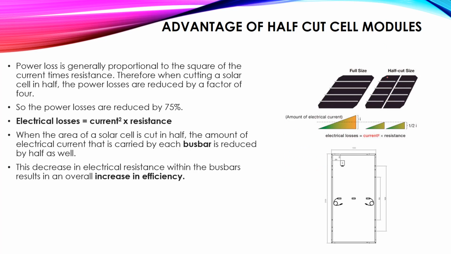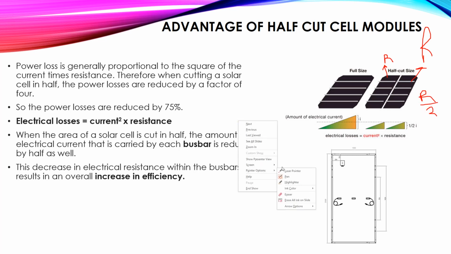It means that if this one has a resistance R and this one has a resistance R, and they are parallel to each other, then the equivalent resistance will be R over 2. So the total resistance in our system will be reduced. So this will also increase the efficiency of our PV panel.